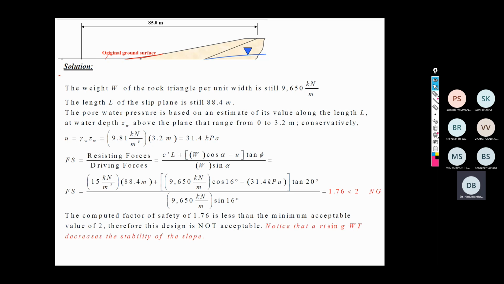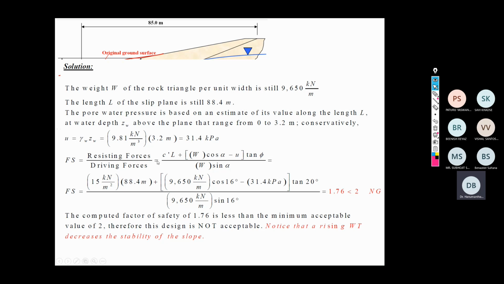We know the equation for factor of safety, which is resisting force divided by the driving force. So C dash into L plus W cos alpha, now this is sigma dash, so the sigma minus U component also comes into the picture, into tan phi, divided by W sin alpha. This is the tangential component. C dash is 15.